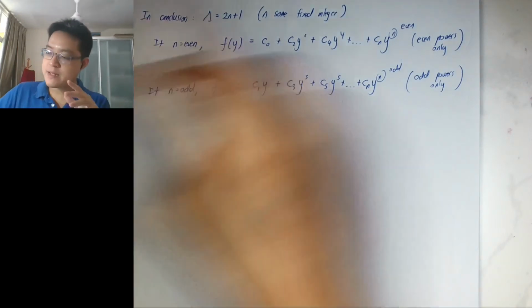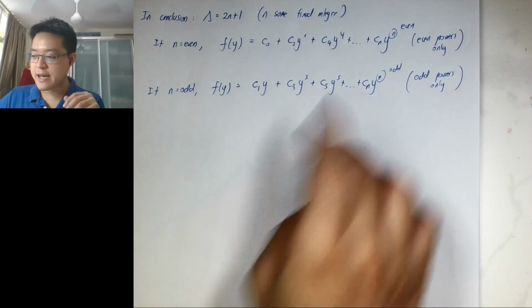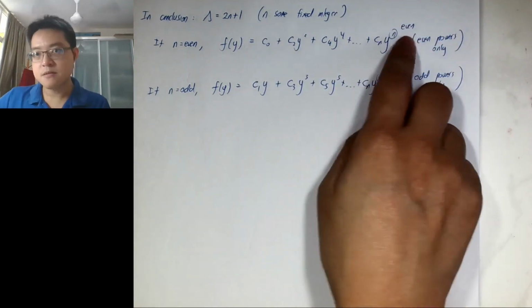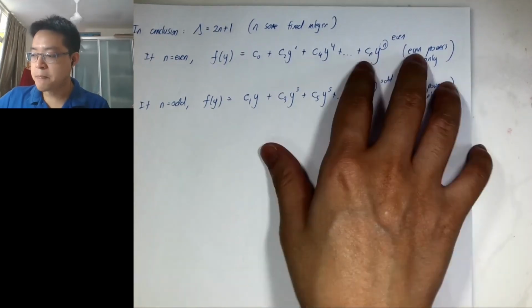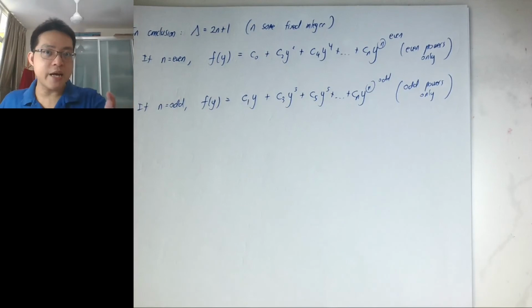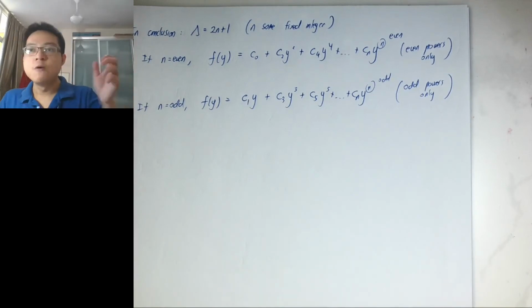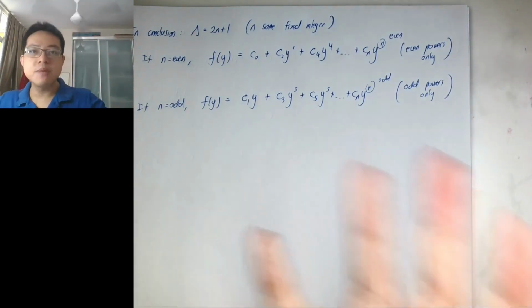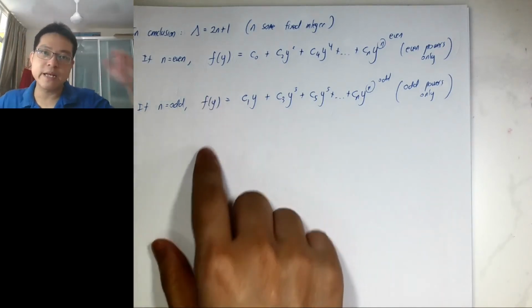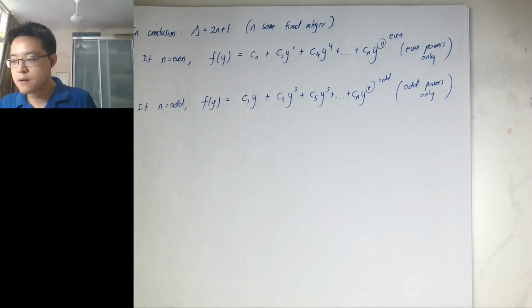So maybe this one can work. And it will be normalizable because it's a finite series. So it's a polynomial. If it's a polynomial, we can plug it into our wave function psi. We can integrate this, you get some number, and whatever the number is, we can choose a constant to make the integral 1.